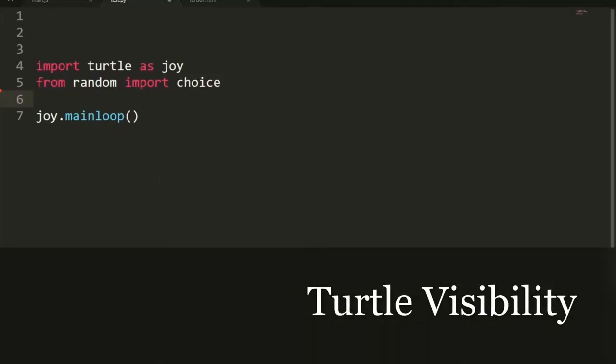let's talk about the turtle visibility in this tutorial series. So turtle visibility is like joy.forward(100) and joy.goto. Simple example, actually you know this example. So now you can see my turtle is going to some position.